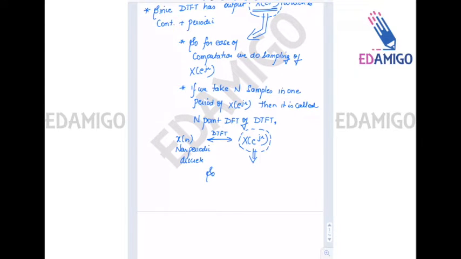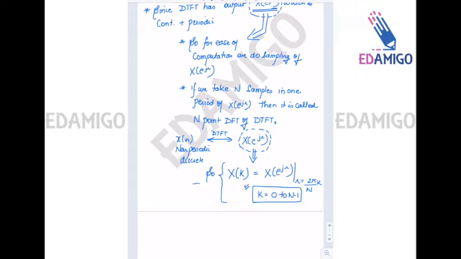So I can say that I have generated a new function, that is X[k], equal to X(e^jσ), where σ equals 2π/N times k, where k goes from 0 to N minus 1, right? Is it okay? Because you have to take N samples in one period. Okay, so this is how you can write the expression.